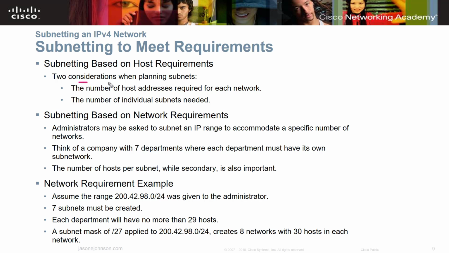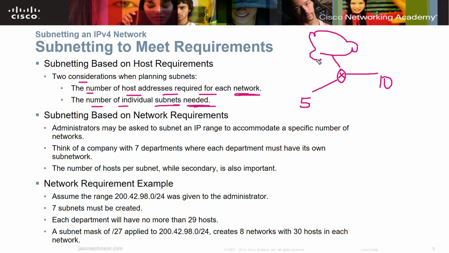So 2 considerations when planning are the number of host addresses required for each network and the number of individual subnets needed. For example, let's say we have a router, and we have a subnet here and a subnet here, with 5 hosts here and 10 hosts here, and that goes out to the cloud. So we know that we need 10 here and 5 here.